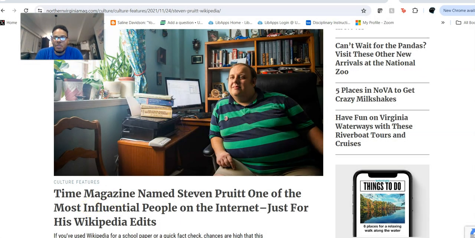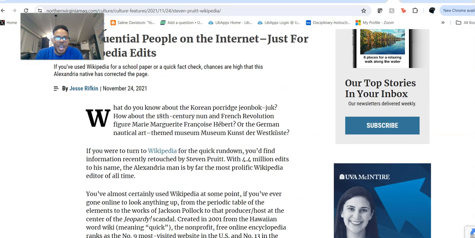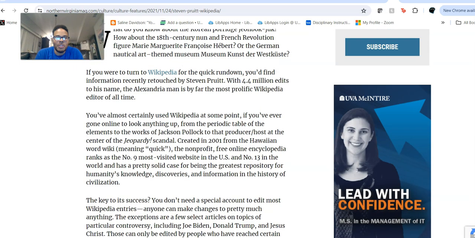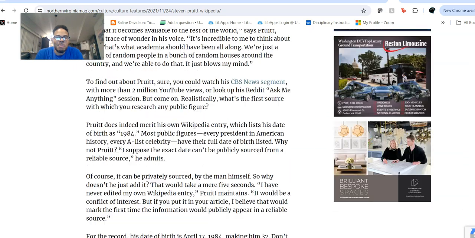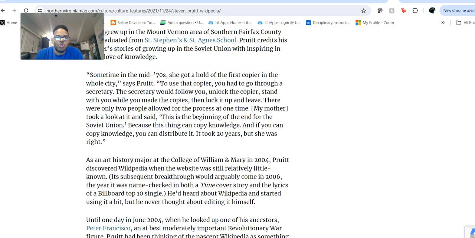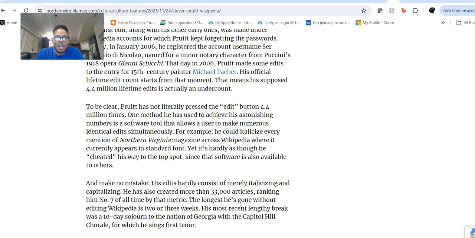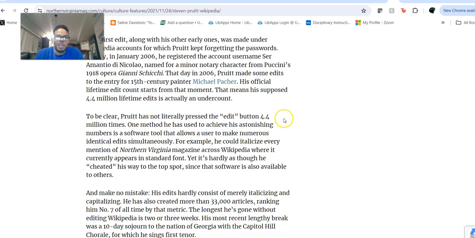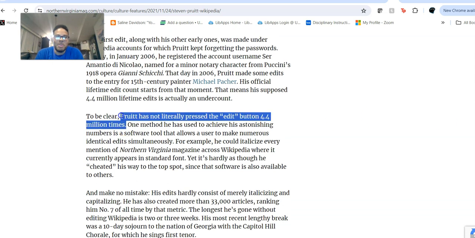So this is Stephen Pruitt. Stephen Pruitt is a man who lives in Virginia, and he has made over 3 million edits to Wikipedia. You heard that right. Oh, actually, 3 million was me short selling him. Pruitt has made over 4 million edits to Wikipedia.